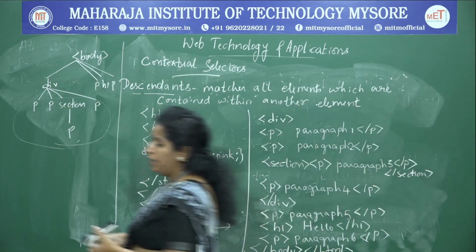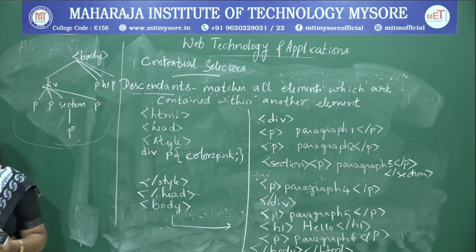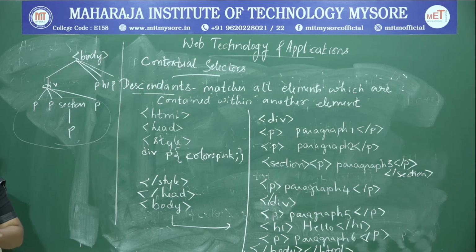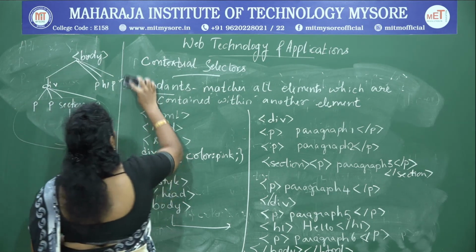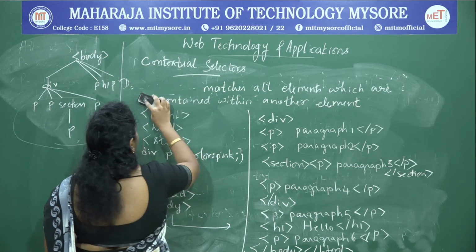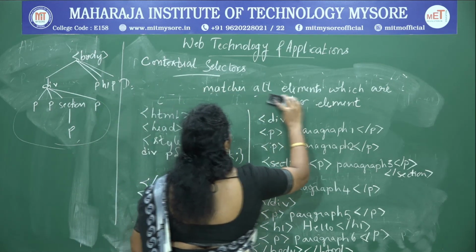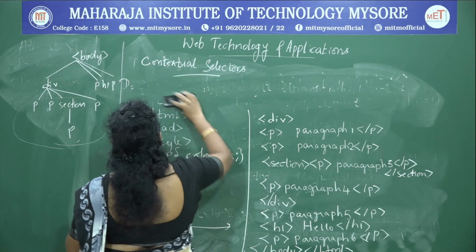So next is about child. The next type of contextual selector is child.